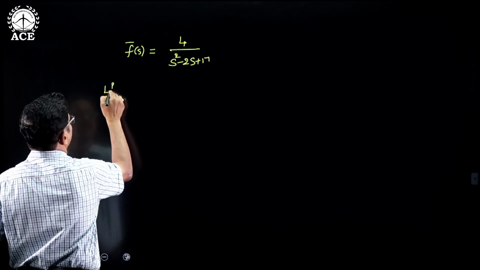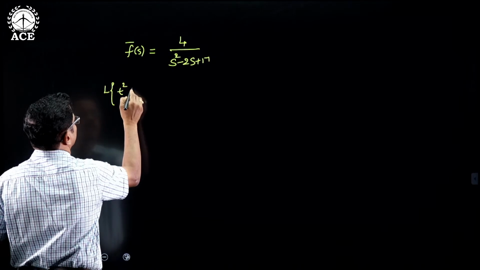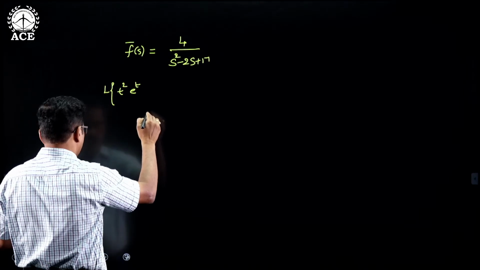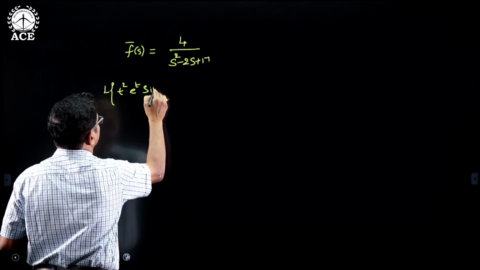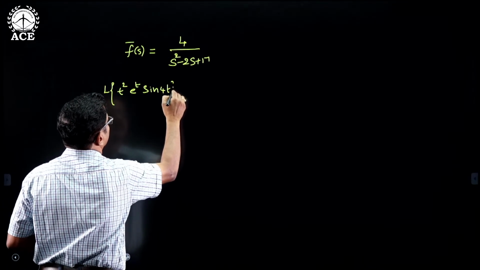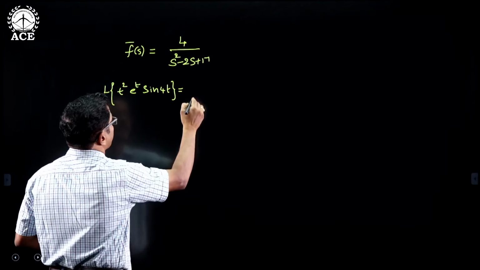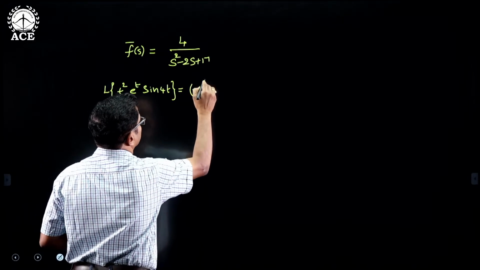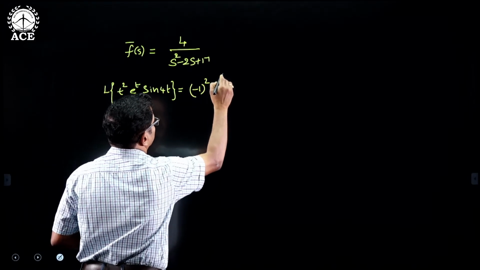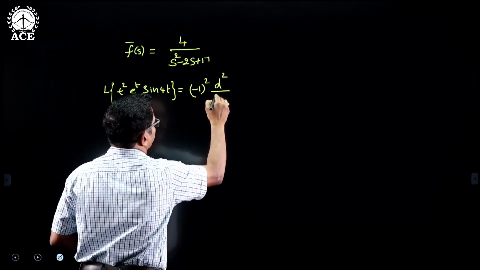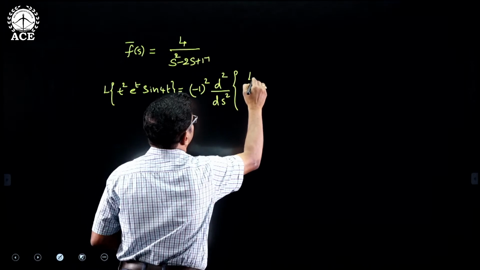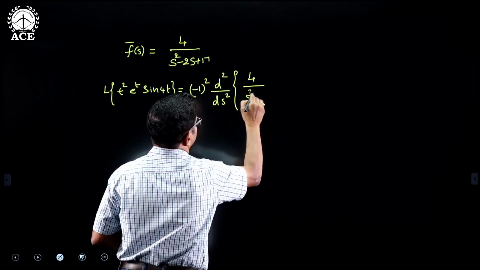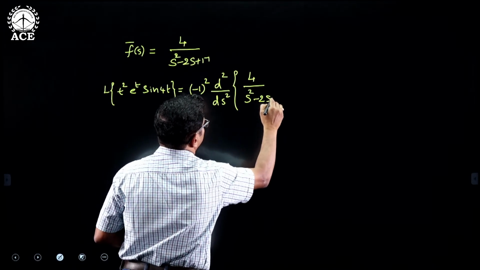L of t square into e power t sin 4t is equal to minus 1 whole square, the second derivative d square by ds square of 4 by s square minus 2s plus 17.